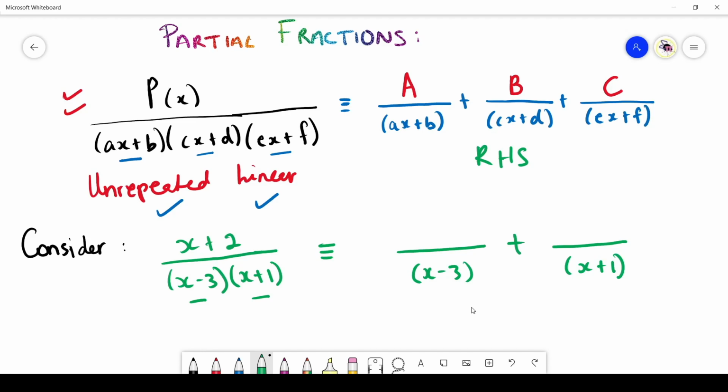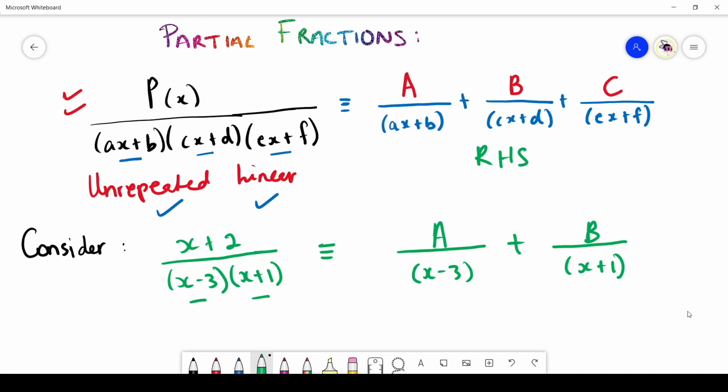Now, when you're wondering what goes on your numerator, it corresponds to what's present in your denominator. So once again, if it's linear and unrepeated, your numerators would be A and B, or C and D, E and F, G and H, whatever letters you want to use, that's completely fine.